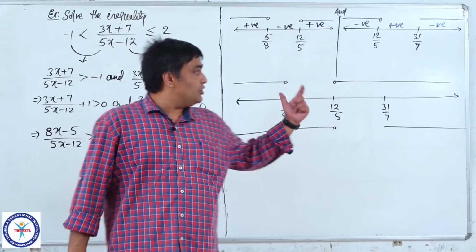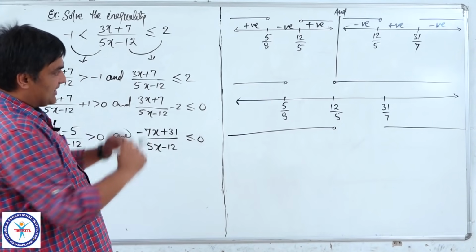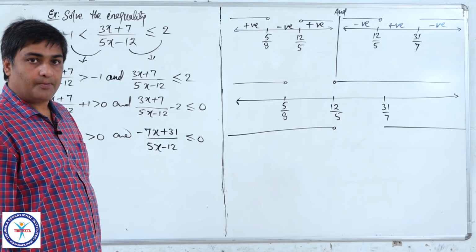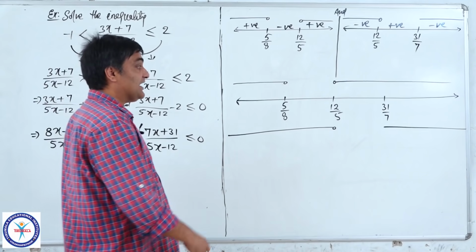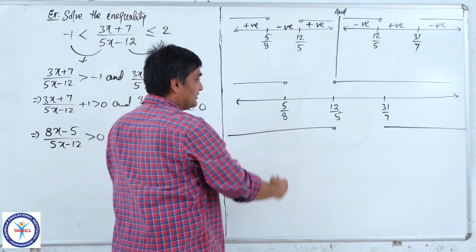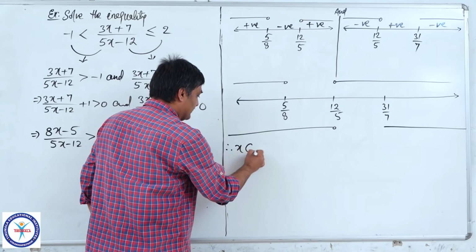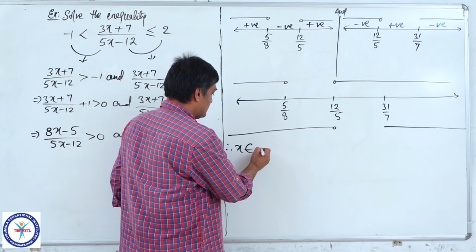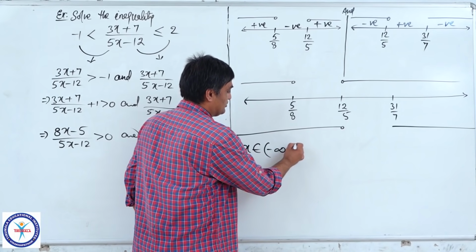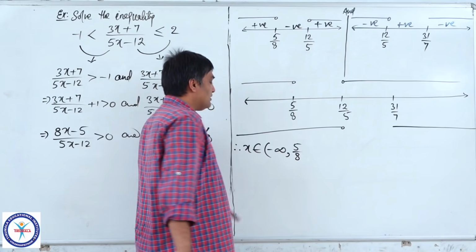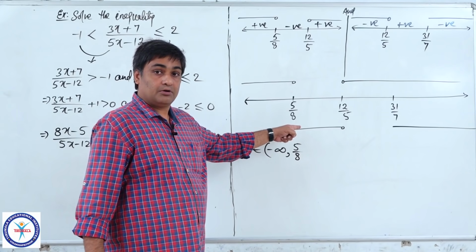So now if we look at, we can easily identify the common solution, that is common region, this one, this one. So our final solution we can write as minus infinity to 5 by 8, close or open?